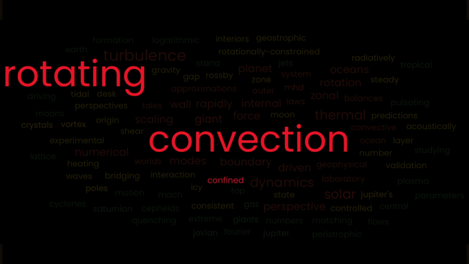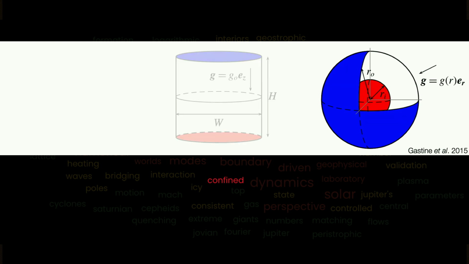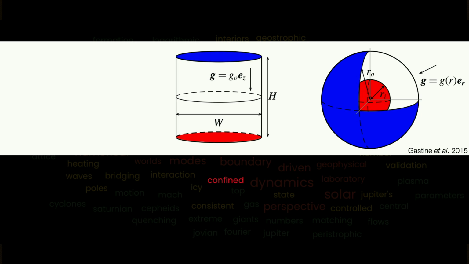And the other thing I think of when I look at these shells of fluid is I think of confinement. All those images were fluid contained in a spherical shell. But a lot of the work we'll hear this week, especially a lot of the lab work, a lot of DNS, we don't do spherical shells. We'll do convection inside either a box or more likely, more often in a cylinder.